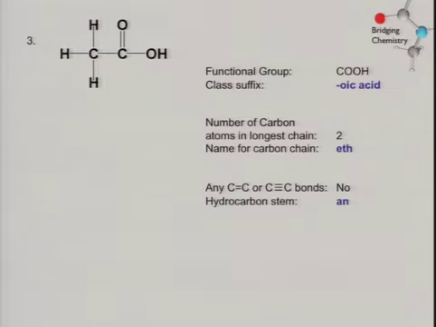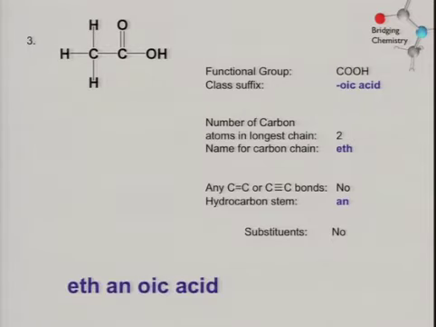And the answer is no. Again, there's a carbon-oxygen double bond, but there's no carbon-carbon double bonds. And so again, the name is -an- in the middle. Are there any substituents? No, nothing else hanging off. And so the name for this one is ethanoic acid.